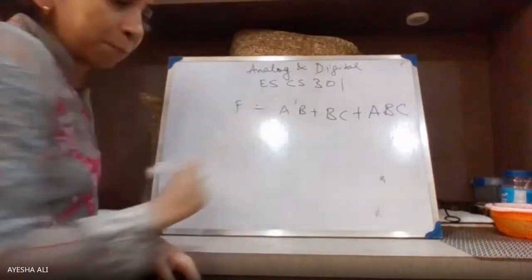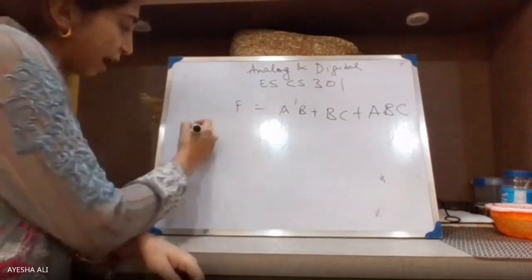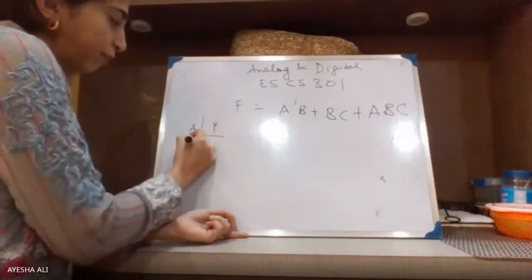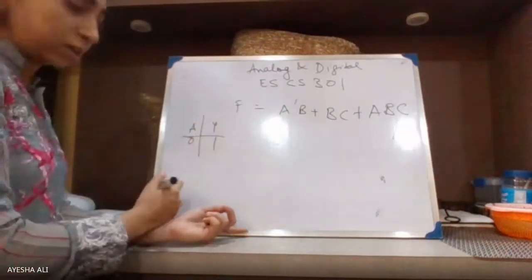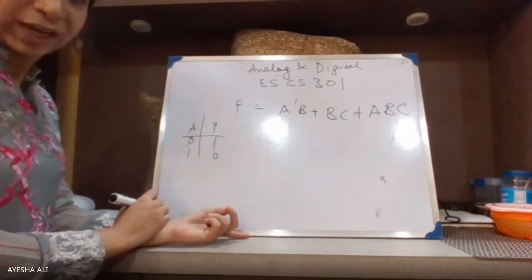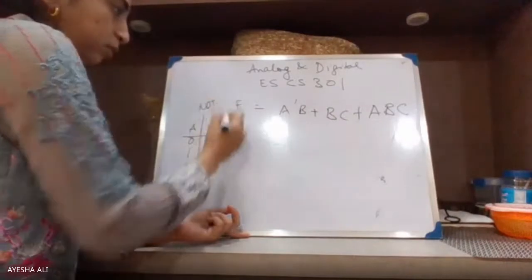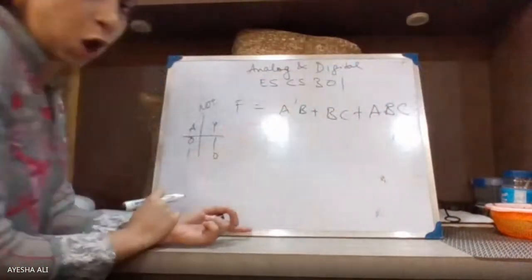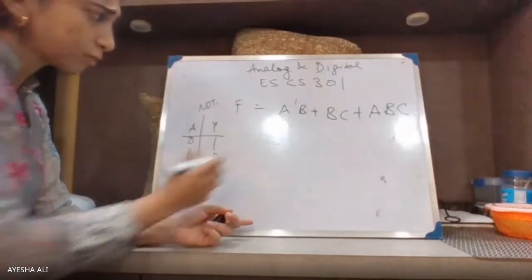This is A complement. Suppose I have an input A and my output is Y. If I give 0, I get 1 as the output. If I give input as 1, I get output as 0. So here, which gate will we use? Not gate. So I am trying to calculate in this particular expression how many gates am I using.